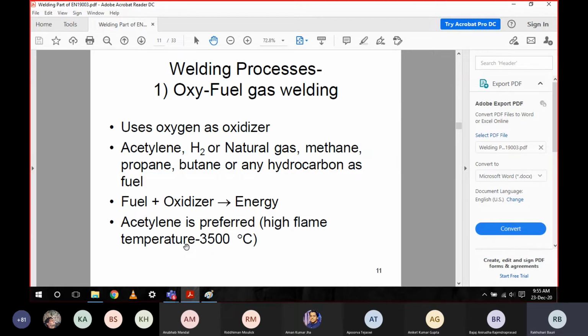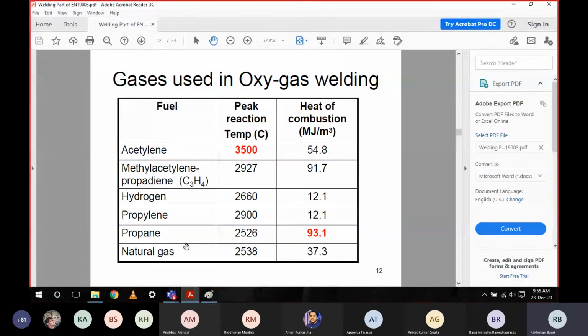These data show the peak temperature with these chemical fuels, and the second column gives the heat of combustion. For acetylene, you get a very high peak temperature, 3500 degrees centigrade.